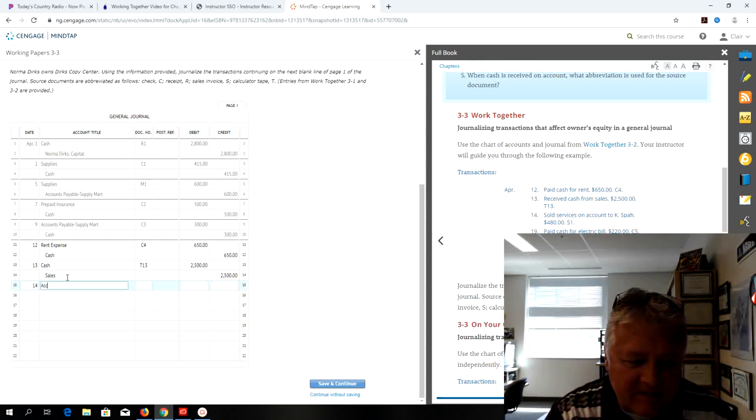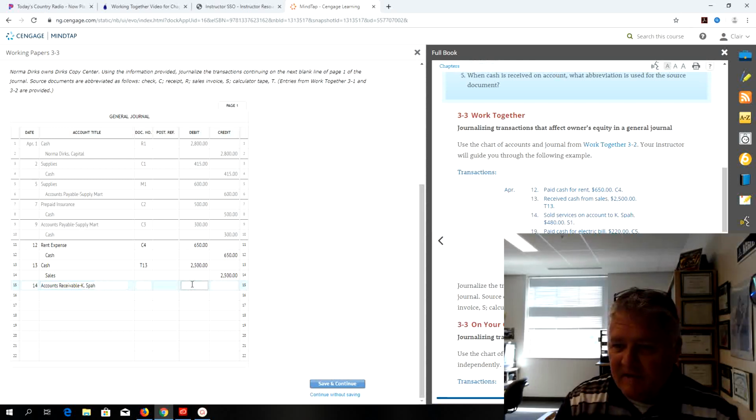So accounts receivable, which is an asset account, for $480 is my debit, and sales is my credit.